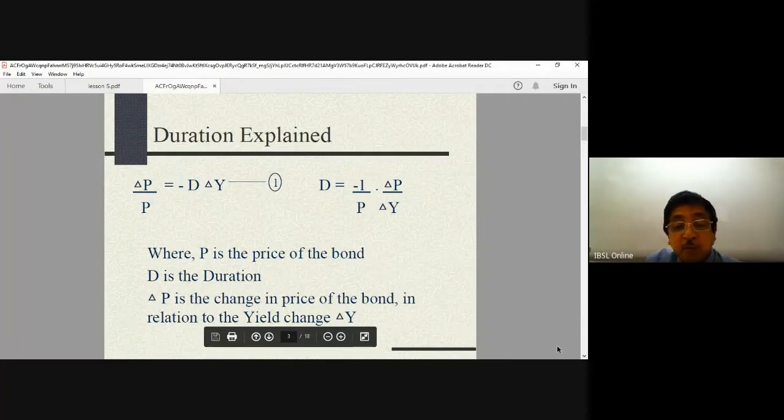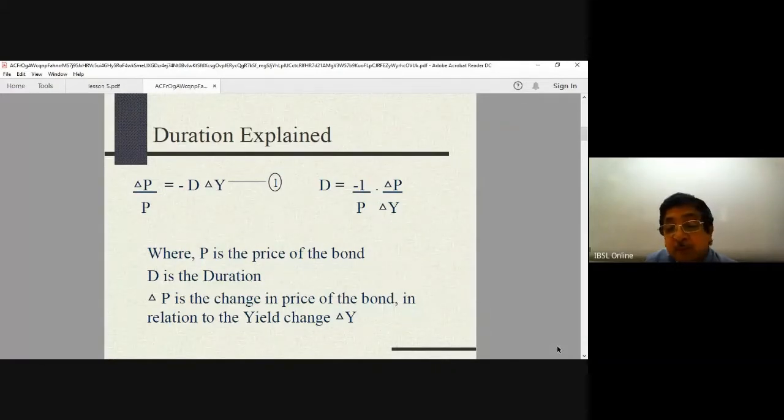We have already done the duration measure, and we can determine the duration measure by using a certain methodology. I just explained that method last time. We have two basic methods to arrive at the duration.